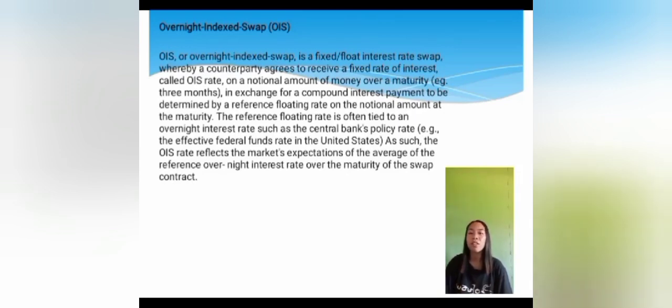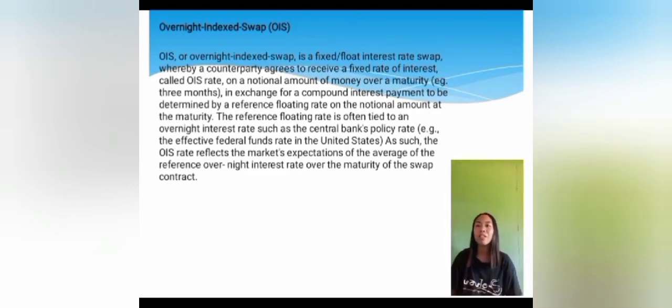The reference floating rate is often tied to an overnight interest rate such as the central bank's policy rate, for example the effective federal funds rate in the United States. As such, the OIS rate reflects the market expectations of the average of the reference overnight interest rate over the maturity of the swap contract.